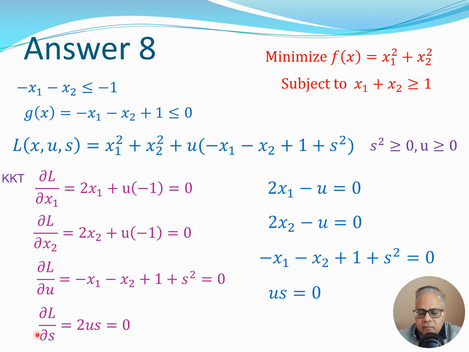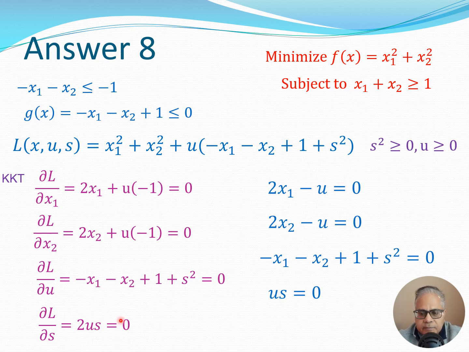Now I get the 4 KKT conditions for this problem. That is, I differentiate L with respect to x1, x2, u and s, and set them equal to 0. You can see here that this Lagrange function is a function of x1, x2, u and s, so I'm essentially treating this as a multivariate function of 4 variables.